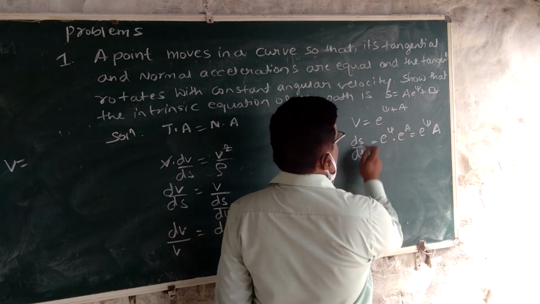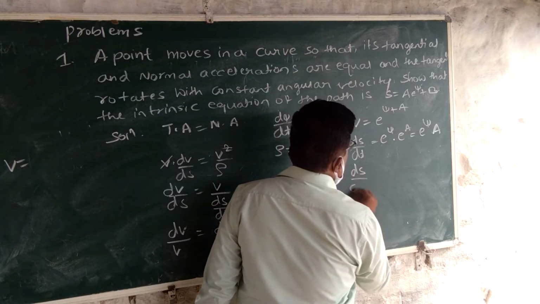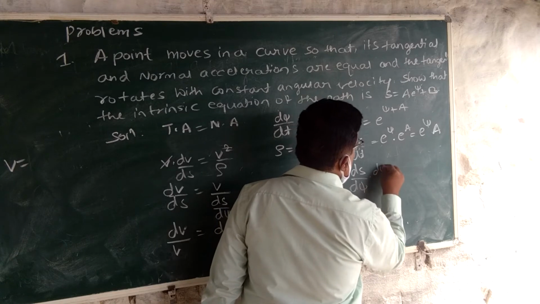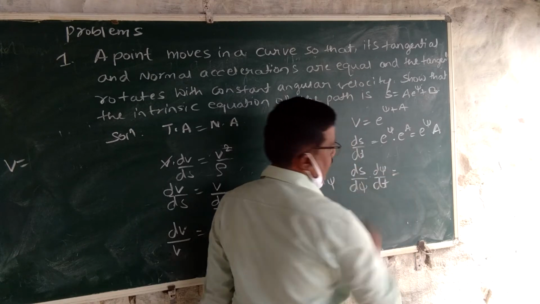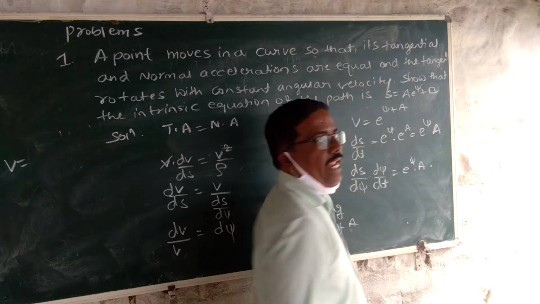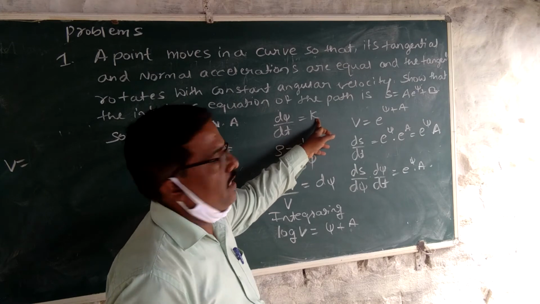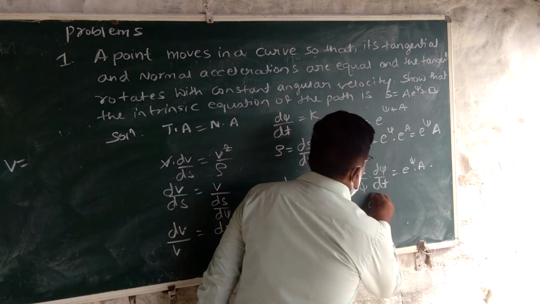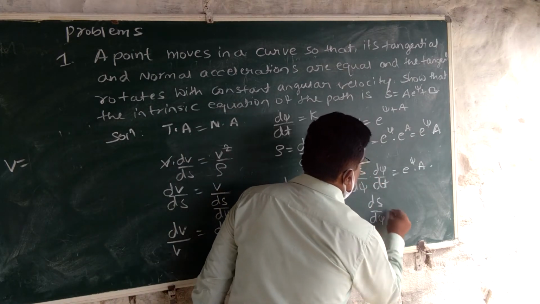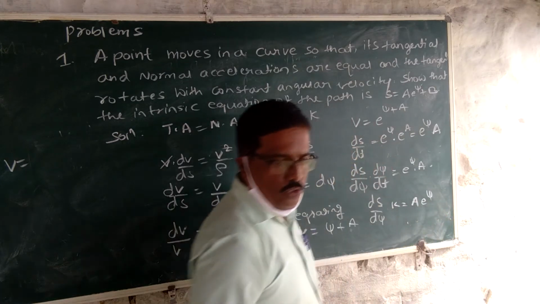Next, this ds by dt can be written as ds by d psi into d psi by dt, which is equal to a into e raised to psi. Now d psi by dt is constant, given as k. Substituting, ds by d psi into k is equal to a into e raised to psi.